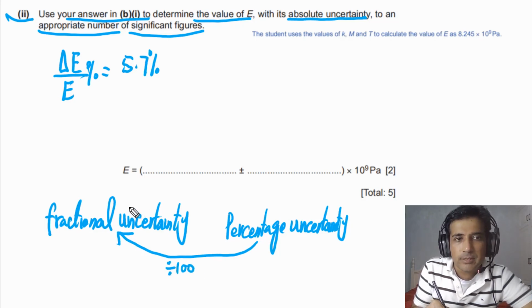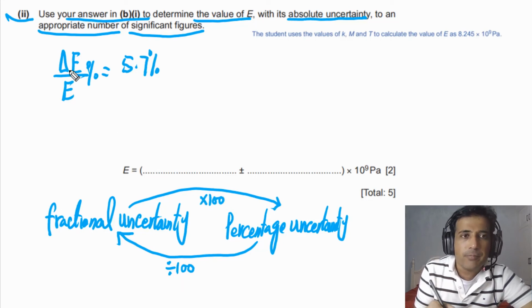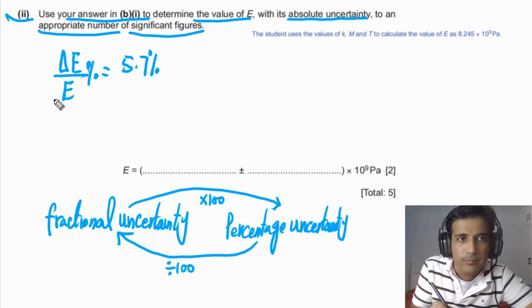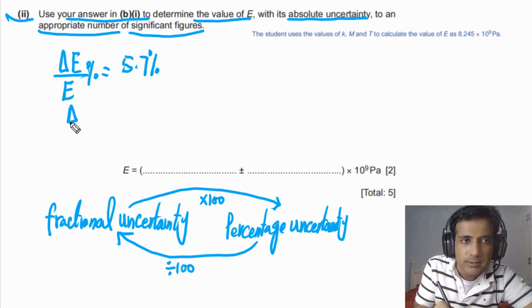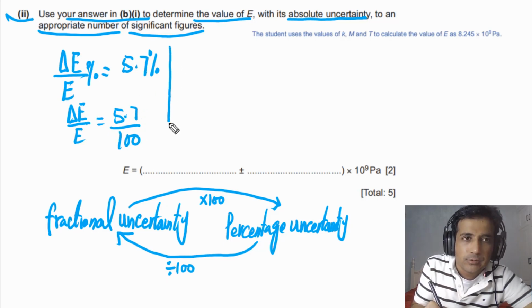But if you want to convert fractional uncertainty into percentage uncertainty, you have to multiply by 100. Now in this case, we have percentage uncertainty and we want to convert it into fractional uncertainty. So we have to divide this one by 100. So simply we will write down here 5.7 divided by 100.